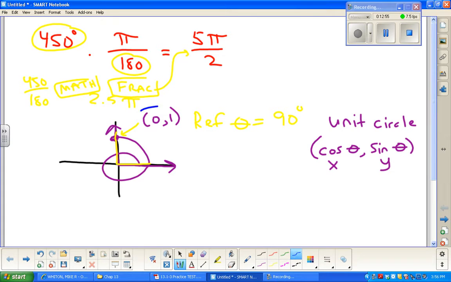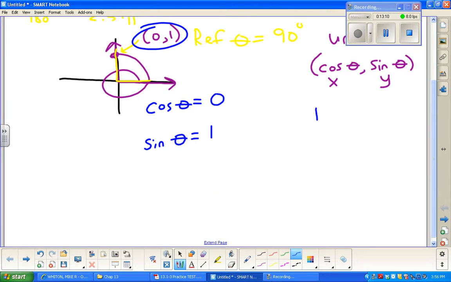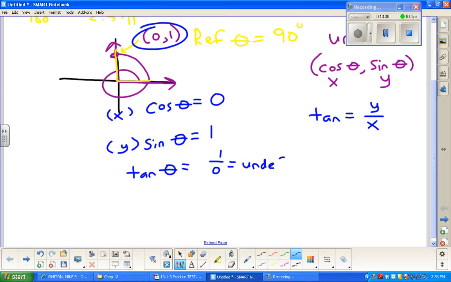The cosine of the angle is 0. The sine of the angle is 1. Tangent is always y over x, just like it has always been, opposite over adjacent. Remember, cosine is the x, sine is the y, so it's really just sine over cosine. It's 1 over 0, which is undefined.